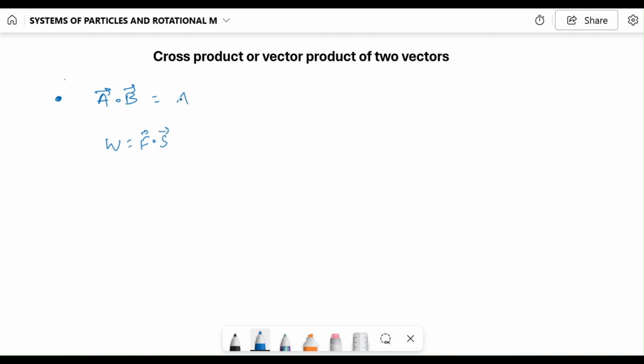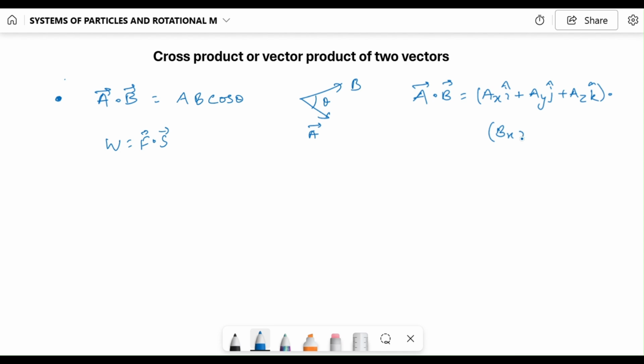So it was A dot B, magnitude of A into magnitude of B, and then cos theta, where theta was the angle between these two vectors. In component form, if we write these two vectors, this will be Ax, which is the x component of vector A, and so on, and Bx i cap plus By j cap plus Bz k cap.